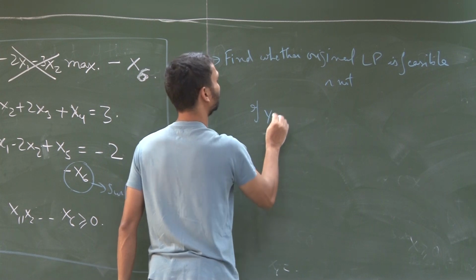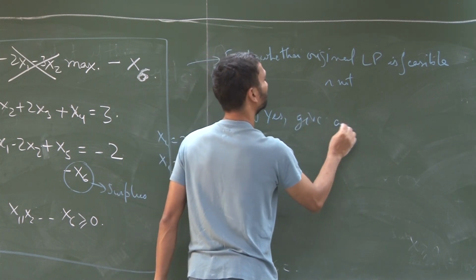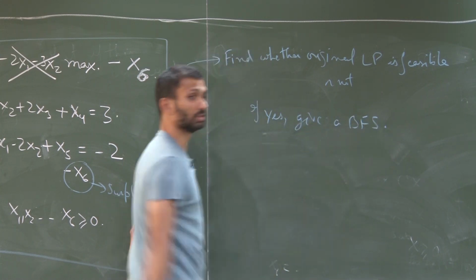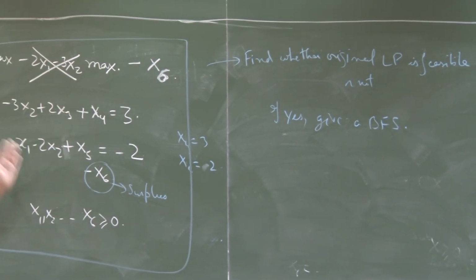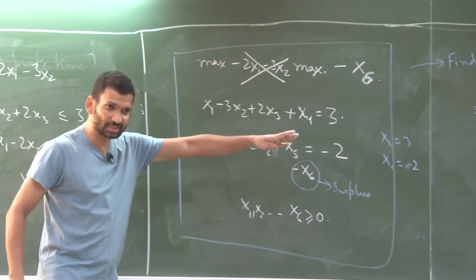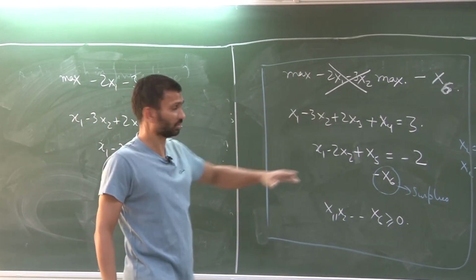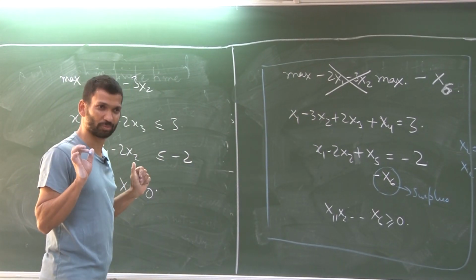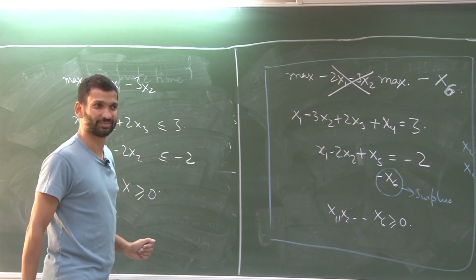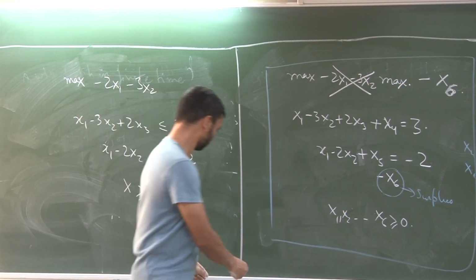If yes, give a BFS. This is the reason why I have invented this LP. And since this is the reason, the objective function is redundant. If I want to just do this, I can throw this in the sink and forget all about it. That's what I have done.